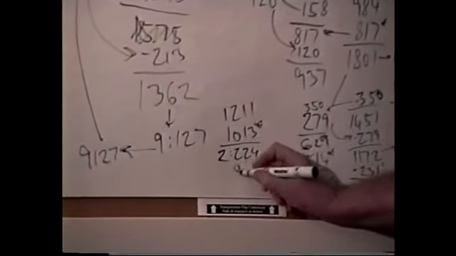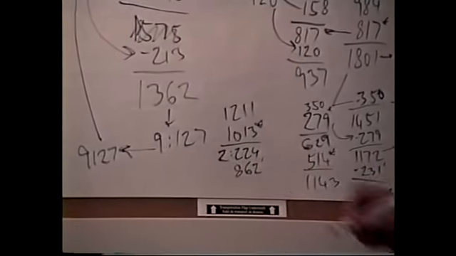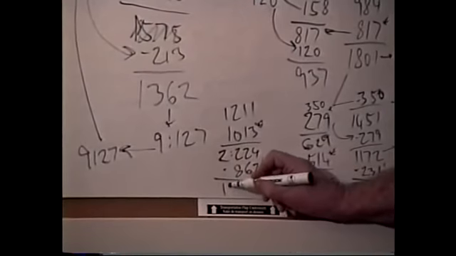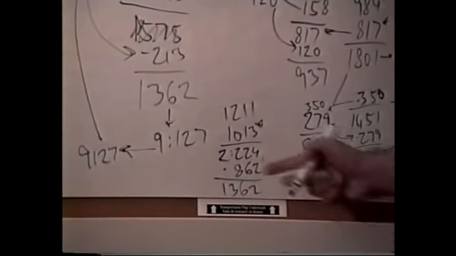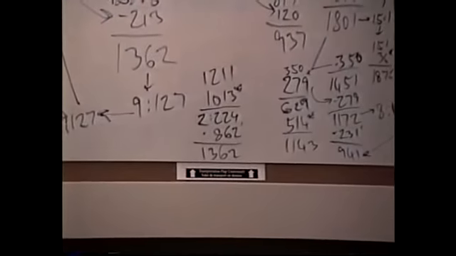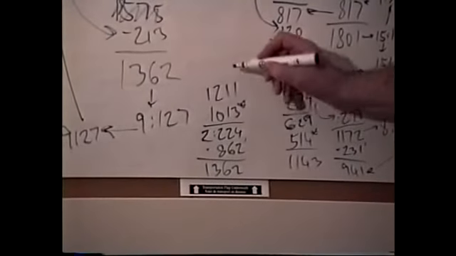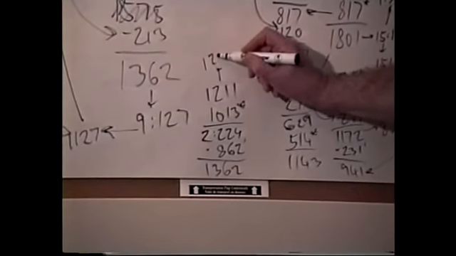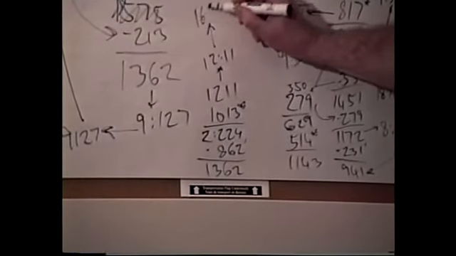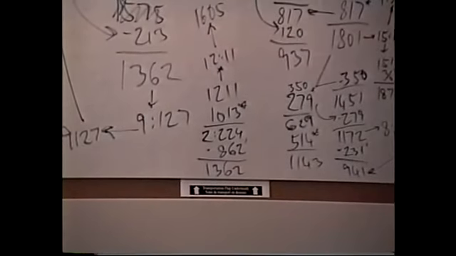It's 2224, and it's the 862nd such composite number. I take the difference, I get 1362, and the 1362nd numbered ayah is again 9127. The ayah 1211 is the 1605th numbered ayah.